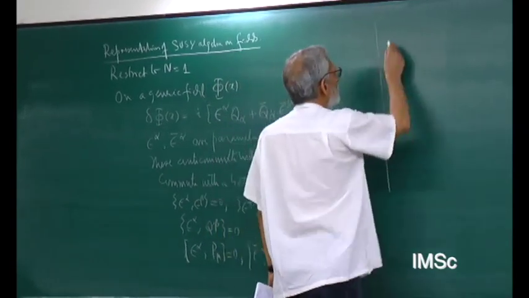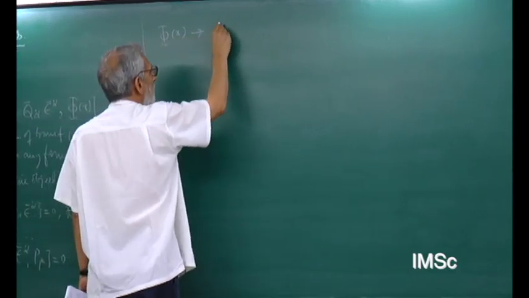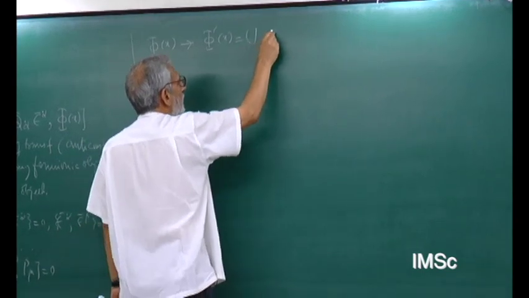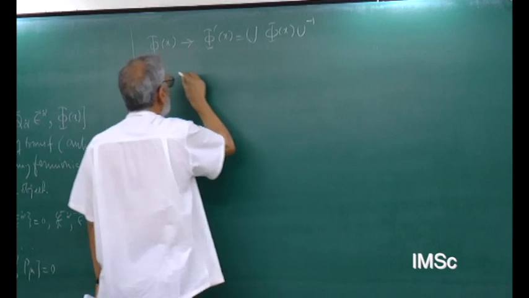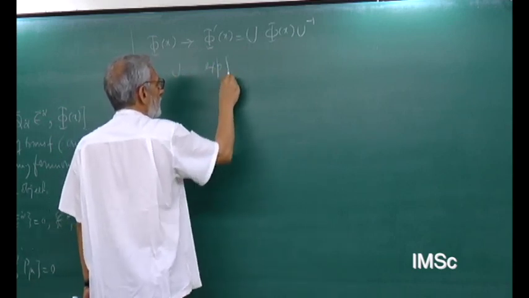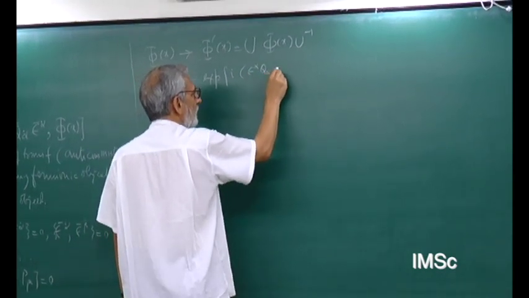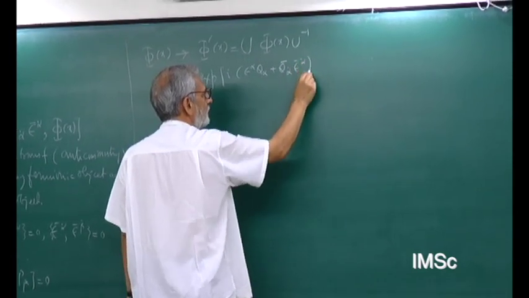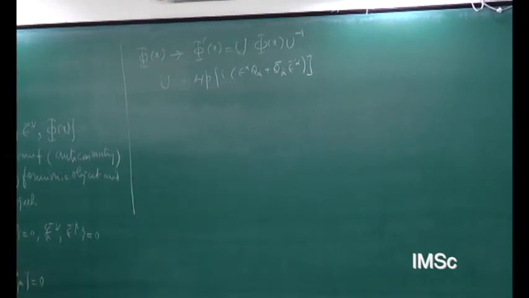This is the infinitesimal version of the fact that under a symmetry transformation, if a field phi changes to phi prime of x, that is given by U phi of x U inverse, where U is the exponential of i times epsilon alpha Q alpha plus Q bar alpha dot epsilon bar alpha dot. That's the full change.